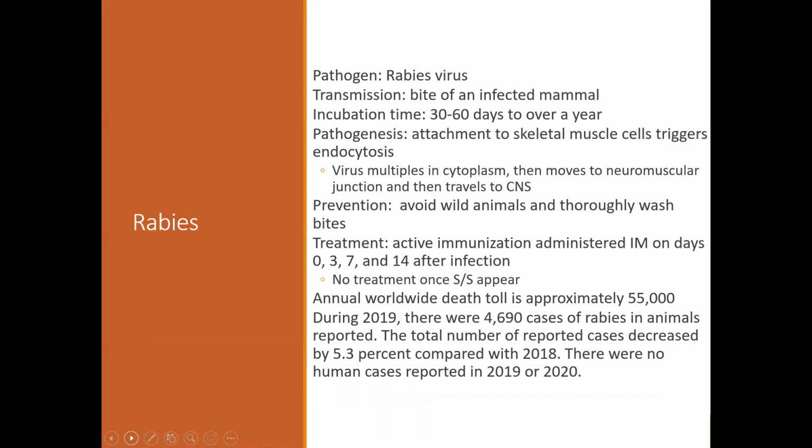Another viral condition we have here is rabies. Now, fortunately, in the United States, this is very, very rare in humans. There have only been about 25 cases reported in the last 10, 15 years. So we don't really see this very often. During 2019, there were almost 5,000 cases of rabies in animals. There is an active immunization that can be administered post-exposure, on days 0, 3, 7, and 14 after infection.